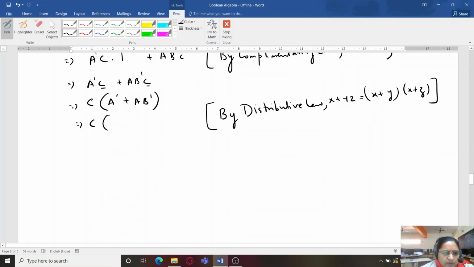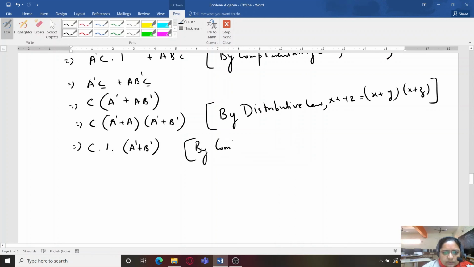So we can write it this way: (A' + A)(A' + B'), where A' plus A can be written as 1, again by using complementarity law, that is x plus x' equals 1.